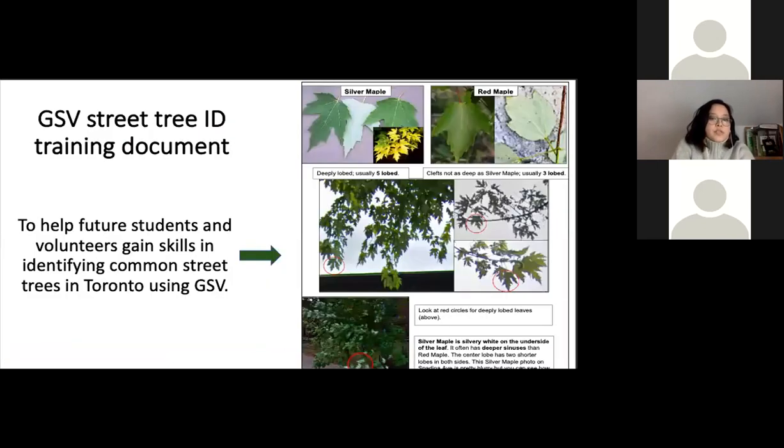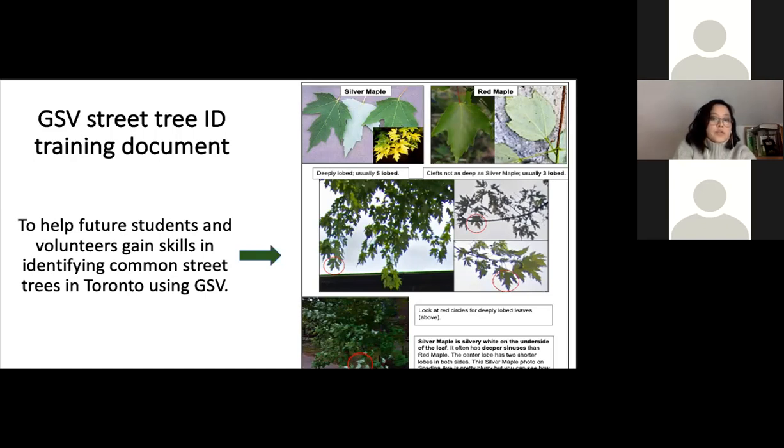Because the use of GSV is a relatively new method, it requires training of surveyors. Identifying trees in GSV is quite different than in person. So we created a GSV street tree ID training document, which contains 13 common street trees in Toronto. This is one of the pages in the document to give you an idea of what a surveyor would see during training.